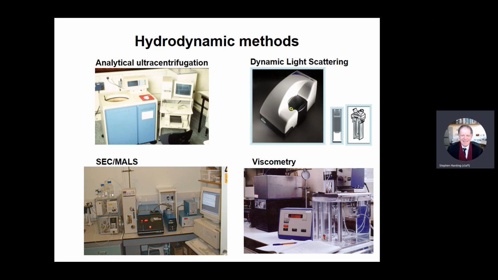That's why it's called MALS, multiple angle light scattering. We used to call it multi-angle laser light scattering, but now since virtually all light scattering instruments have a laser, the laser has become superfluous.